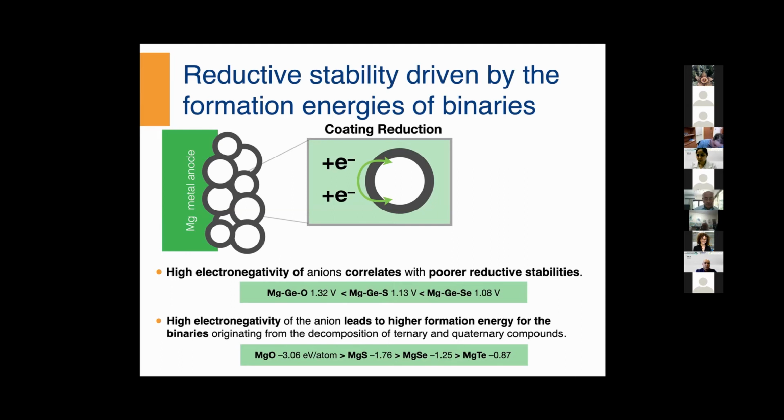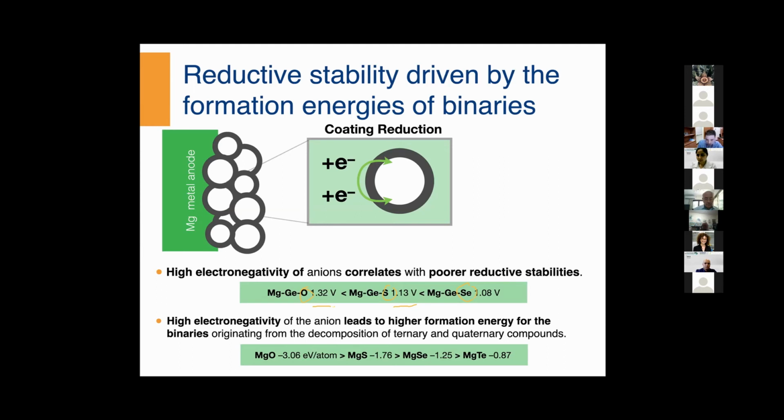So if you look at, for example, this series of germanates, including oxygen, sulfur, or selenium, you can see that the reductive stability of this material increases as you move from oxygen to sulfur to selenium.